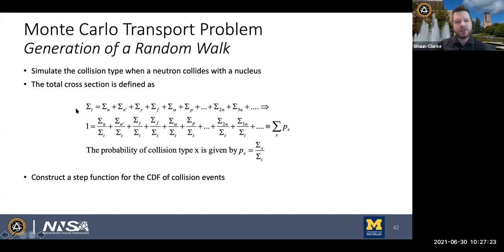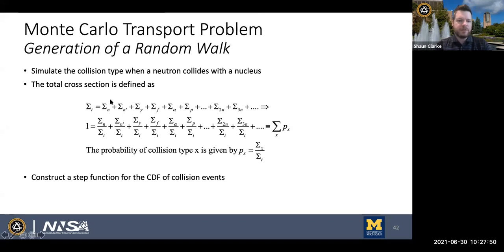So the total cross-section, we're talking about neutron cross-section here, is equal to the sum of all of the partial cross-sections. So you can have elastic scatter, inelastic scatter, radiative capture, fission, maybe it's (n,alpha), (n,p) reactions, (n,2n). There's a whole litany of reactions that neutrons can have in these various materials. And if you add all those different possible cross sections up, you get the total cross section.